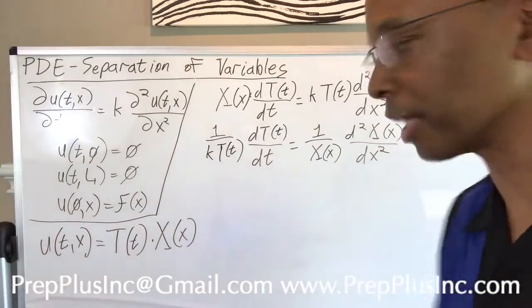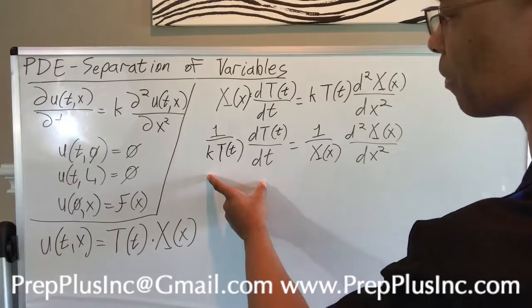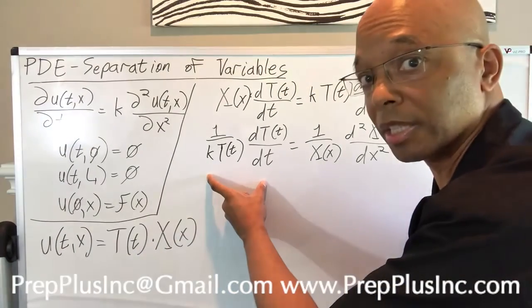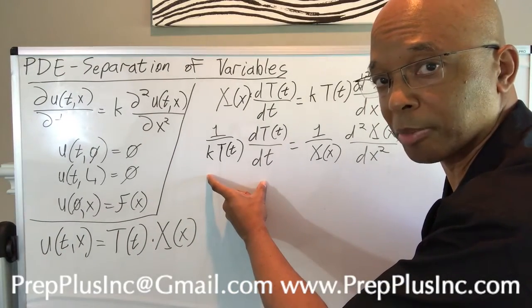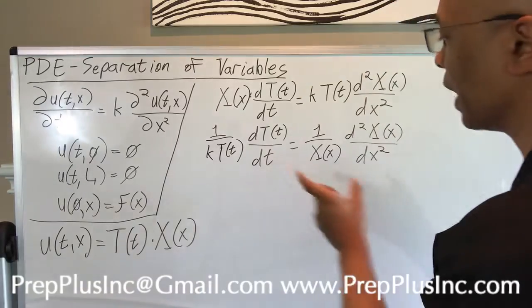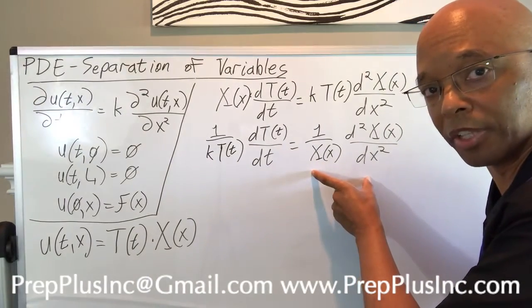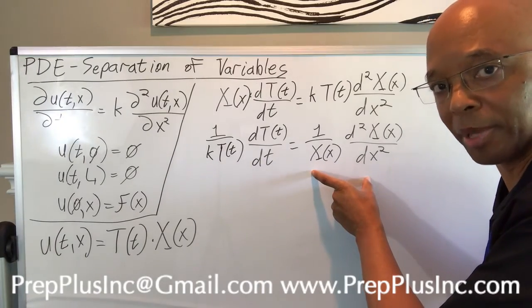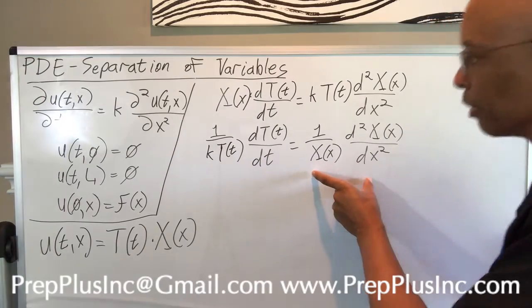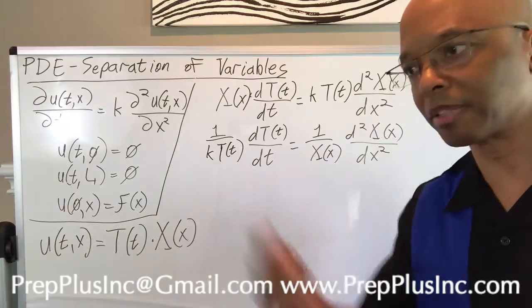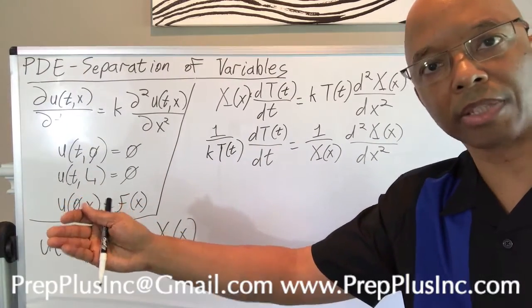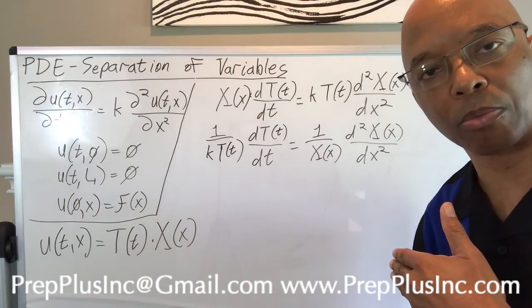Now let's look at this. The left-hand side is something that's strictly a function of time, little t, and the right-hand side is something that is strictly a function of the spatial variable, little x.